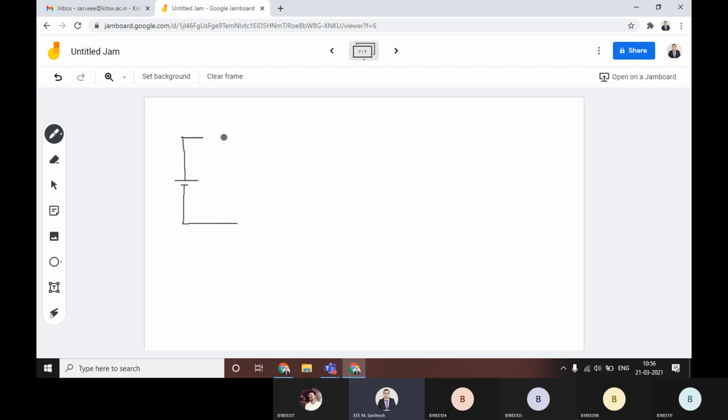There is a voltage source, and there is a resistor, and there is another resistor, and another resistor. Here you have an inductor and a capacitor.